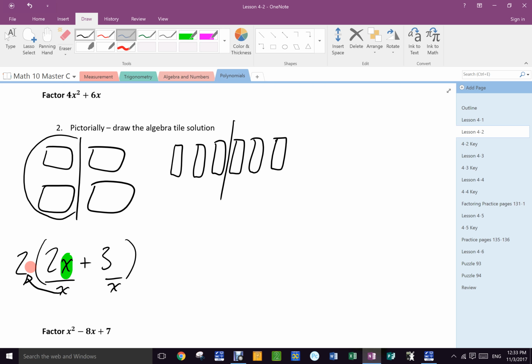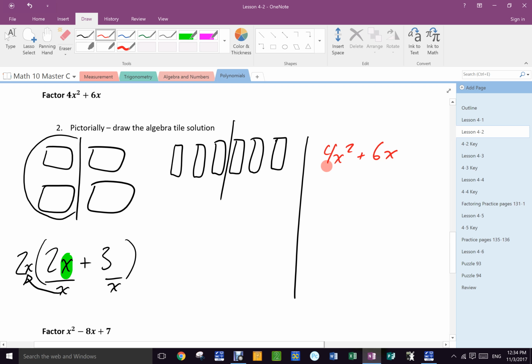Now, let's do what Sam discovered 2 seconds ago and what we did on the other side of the page. Now I want you to write. I started out, and I'm going to change color to make it easier for everybody. I started out with 4x squared plus 6x, right? All of you look at that and you see, 4 and 6. I know that they will both take a 2, right?